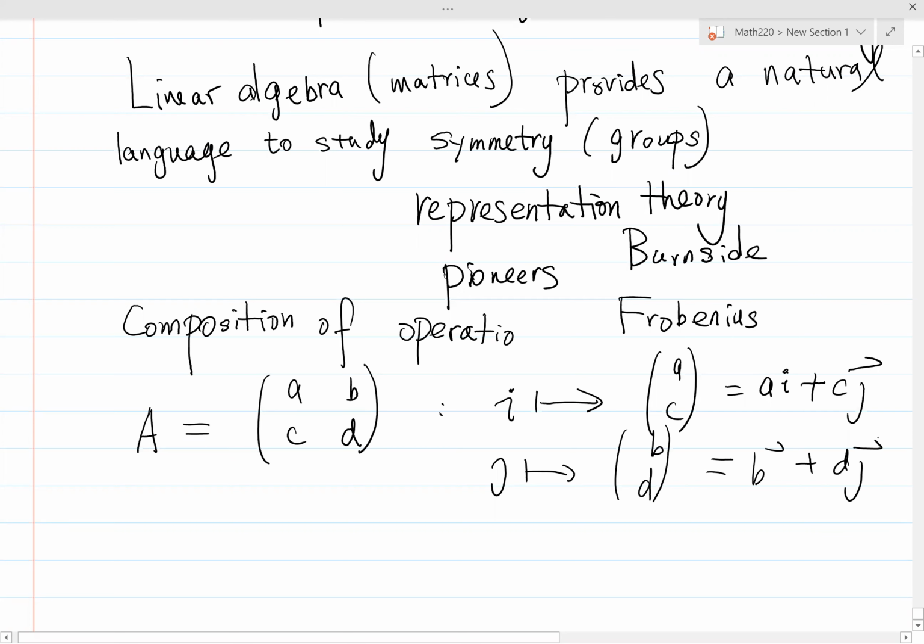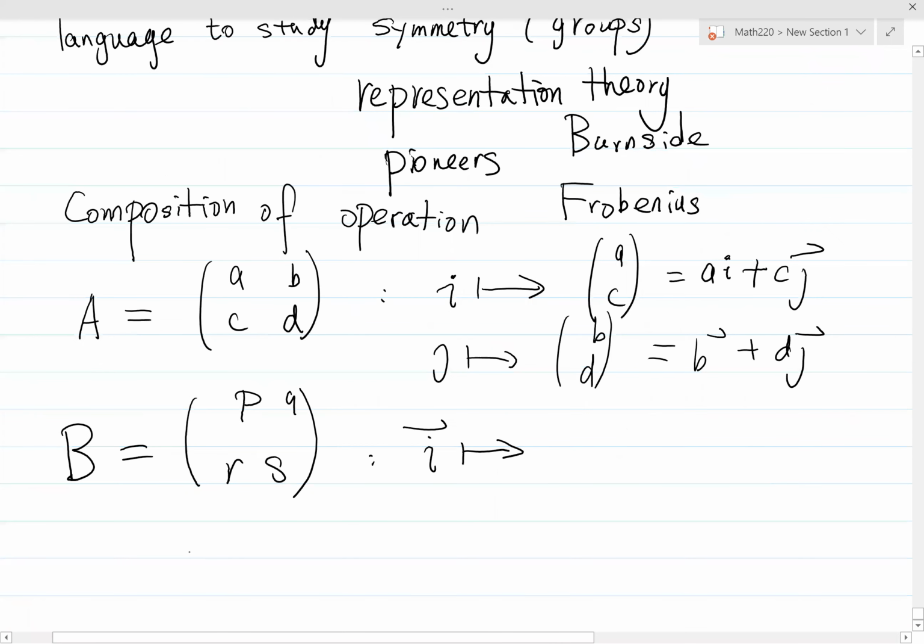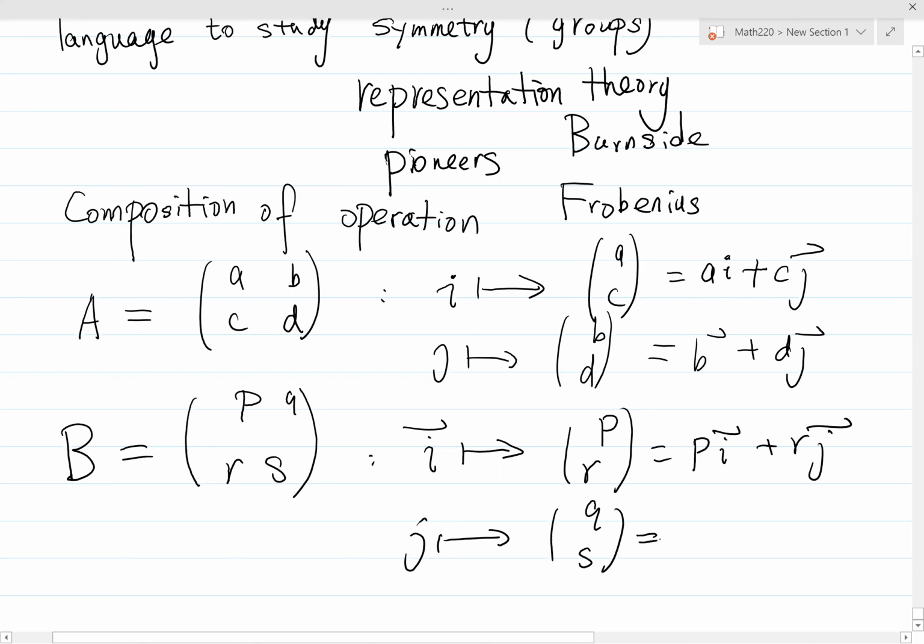Now suppose we have another operation B, which is (p, q; r, s). This means i is mapped to (p, r), which is p i plus r j. And j is mapped to (q, s), which is q i plus s j.